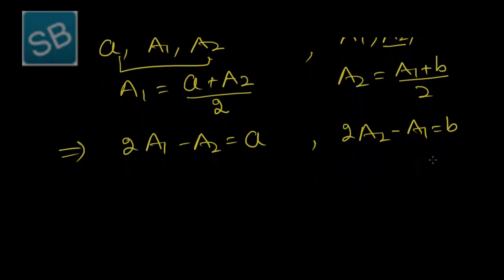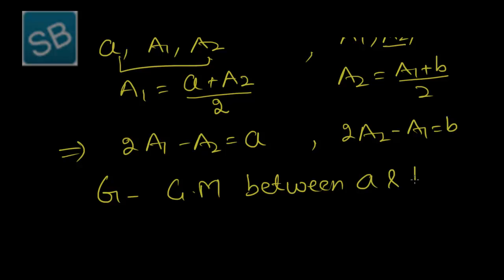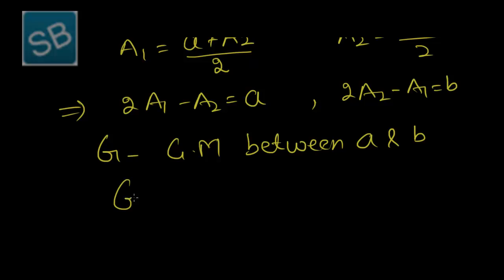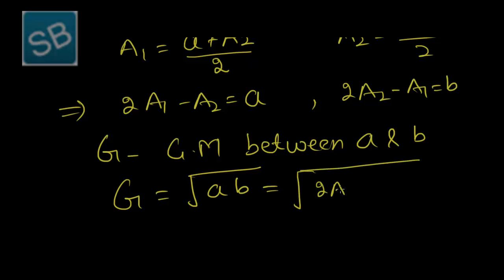Now as we know that G is the geometric mean between A and B, then by definition of geometric mean, G is equal to under root product of A and B, that is under root A, which is 2A1 minus A2, into B, which is 2A2 minus A1.